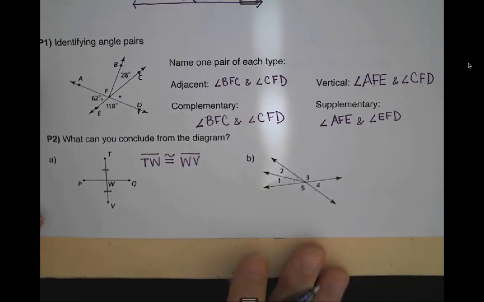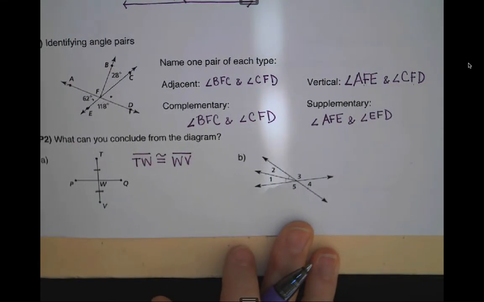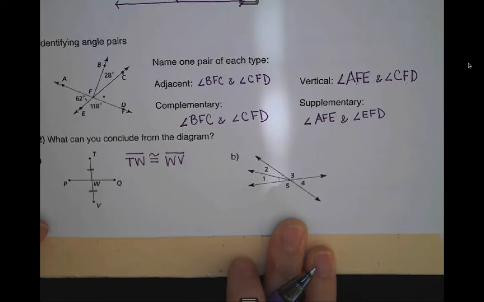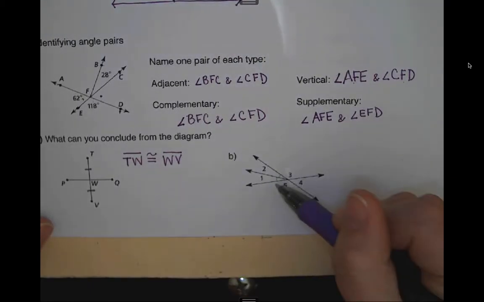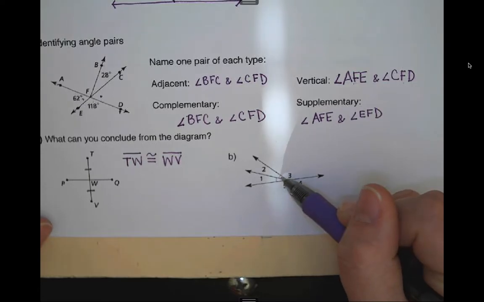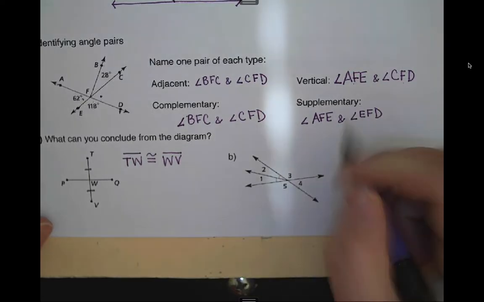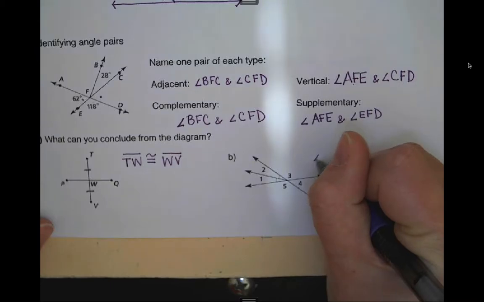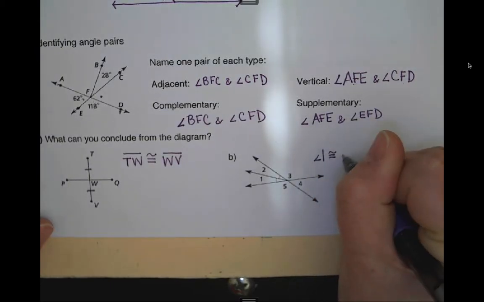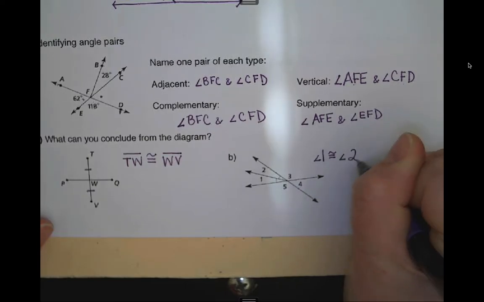Letter B, there are more things that we can conclude. We're looking for angle pairs based on definitions we learned up above. I'm going to start off with these markings of congruent angles. Angles 1 and 2 are marked as congruent, so I can state and conclude that angle 1 is congruent to angle 2.